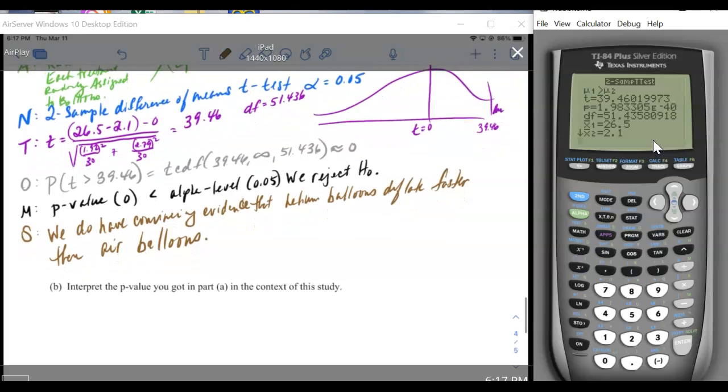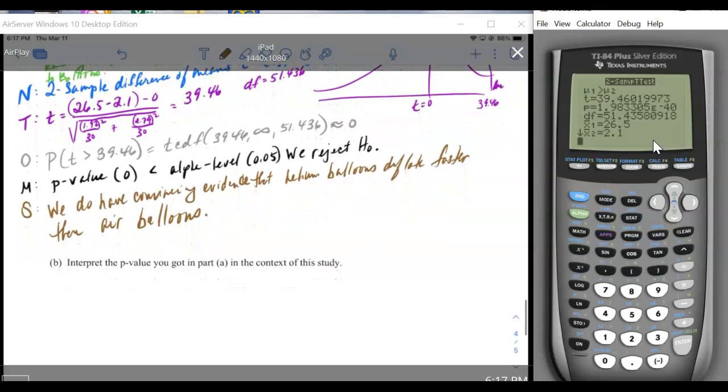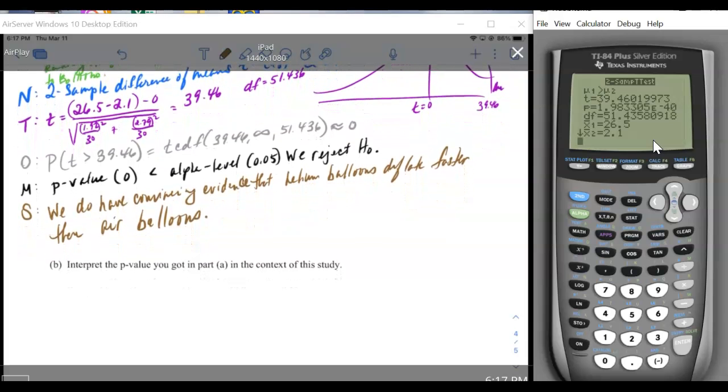Interpret the p-value you got in part A in the context of this study. So remember, the idea of interpreting a p-value is saying, if I were to repeat this process many, many, many times, the probability of me getting that same spot, 39.46, or more extreme or higher by pure chance alone is essentially 0. Okay, so that is essentially what we're writing in here.